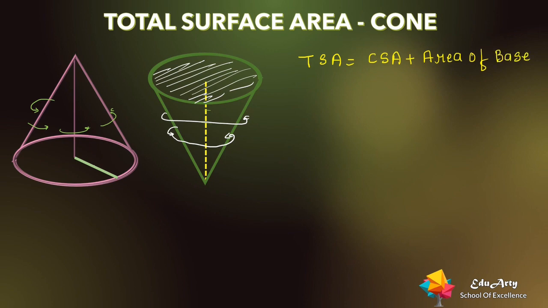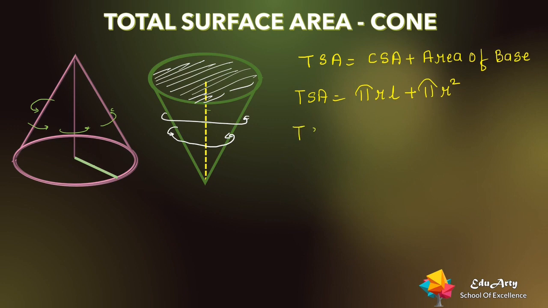That means can I write that TSA is equal to, the formula for CSA is pi R L, plus area of circle is equal to pi R square, correct? Then after that, can we see that pi R is common here?